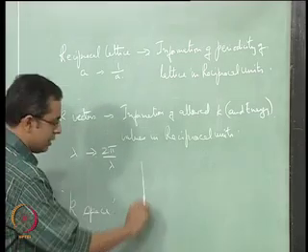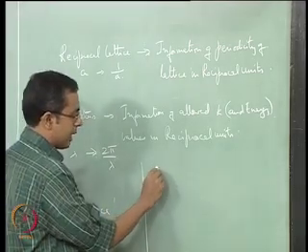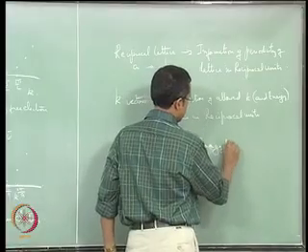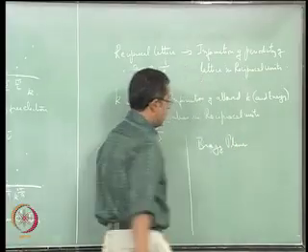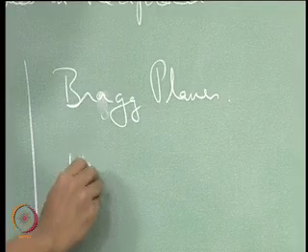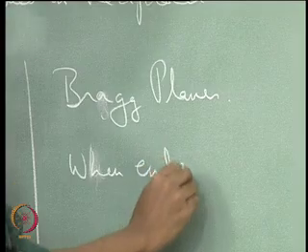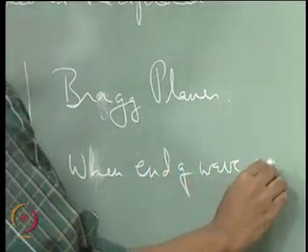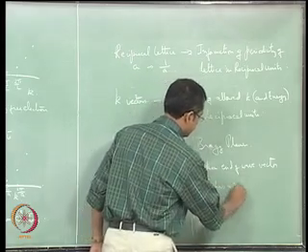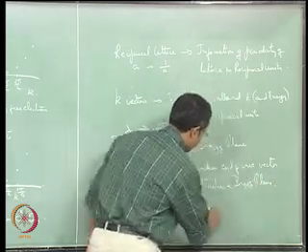What is the additional thing we have done? We have seen that in reciprocal space we have identified what are known as Bragg planes, and we have said that when the end of a wave vector touches a Bragg plane, then diffraction occurs.